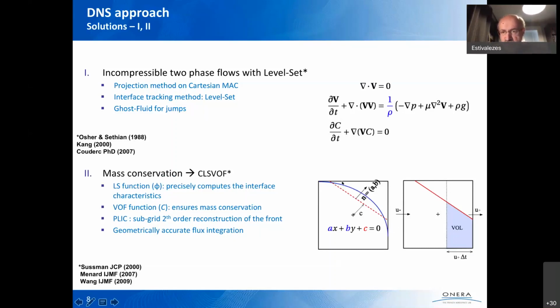In blue you have the level set function characterizing the interface, and here the approximate volume of fluid piecewise linear reconstruction. As volume of fluid is very accurate in mass conservation, we couple these two in order to improve the conservative property of the basic level set.